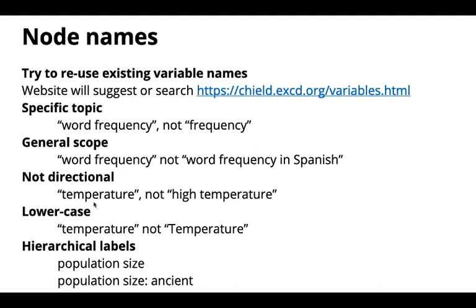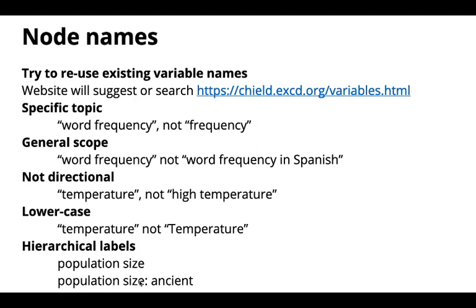It shouldn't be directional, so you should talk about temperature and not high temperature. Everything should be lowercase just to help things. And you can also use hierarchical labels. So for example, you might be talking about population size, or you might be talking about population sizes of hominids, which is a very different kind of thing.